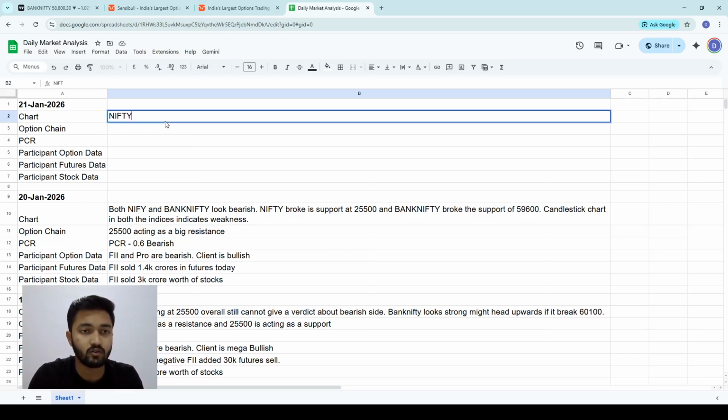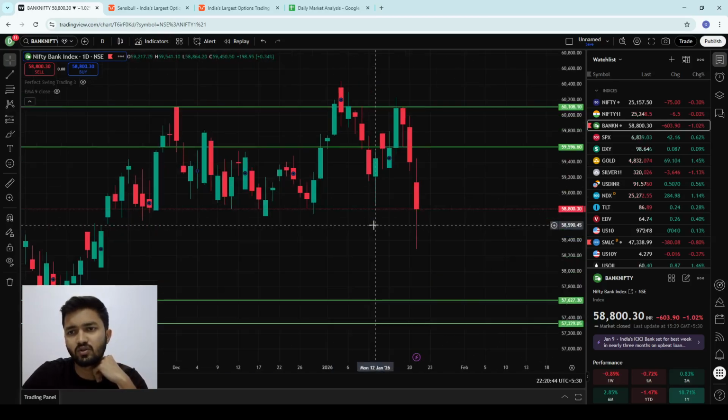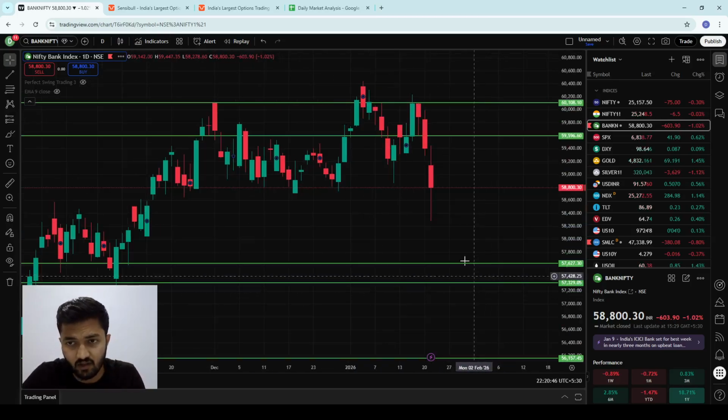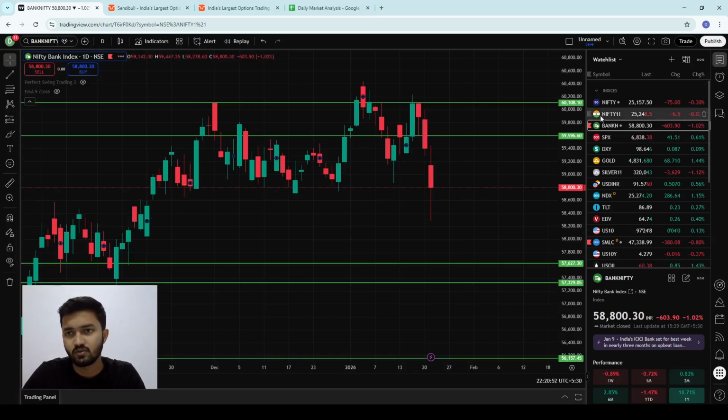So we don't rely on what might happen, and without looking at the chart, we just believe what the price is saying. Nifty and Bank Nifty both look weak, right? And there's some sort of support. So even for the Bank Nifty, 57,600, both look weak, bearish.